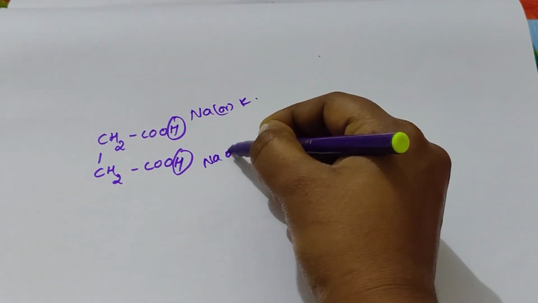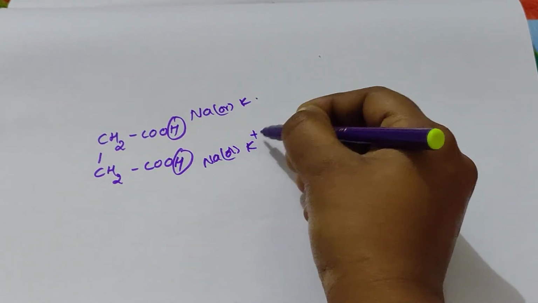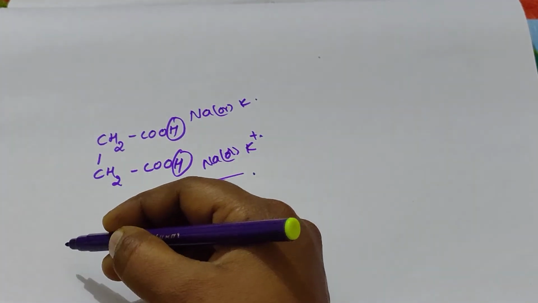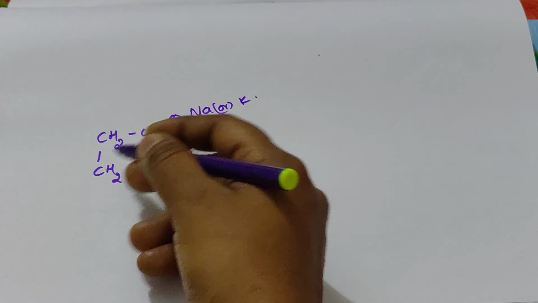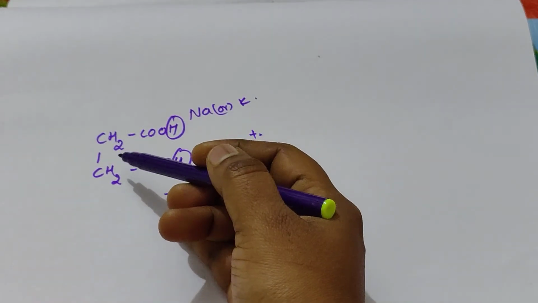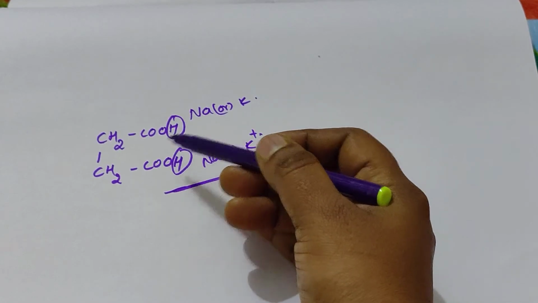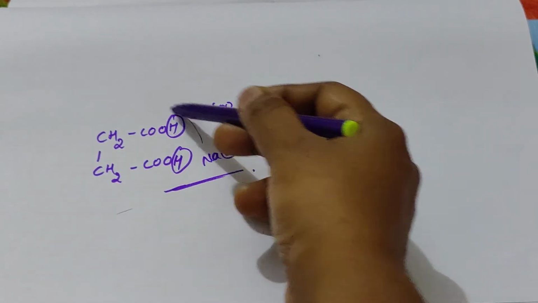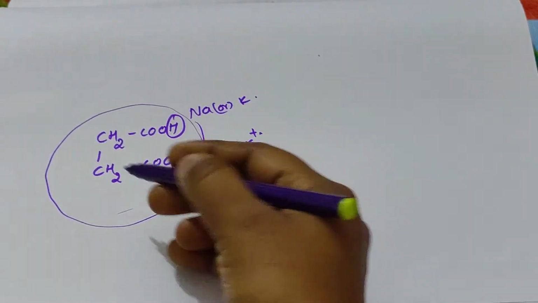So this is called the sodium or potassium salt of succinic acid. This is the structure of succinic acid.